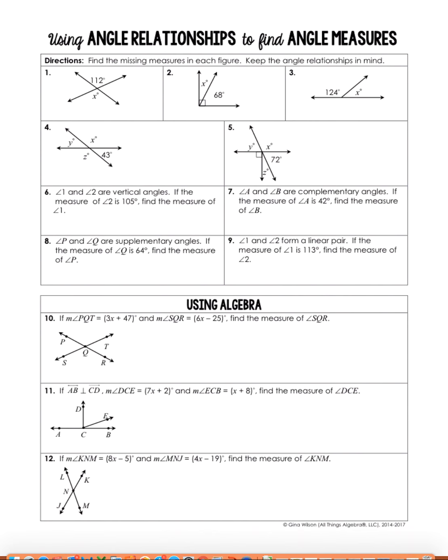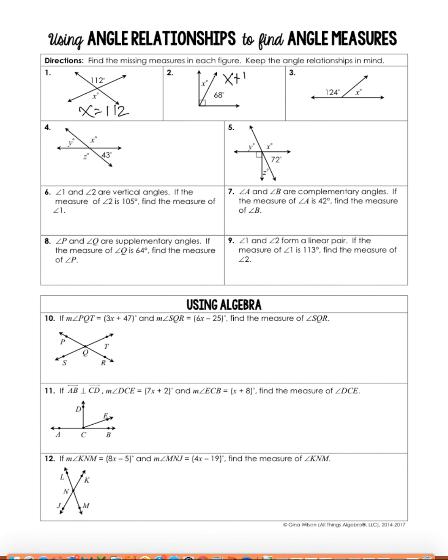So first, if I look at like number 1, the first thing I'm going to do is identify that these 2 angles are vertical angles because they're across from each other. And we just said that vertical angles are congruent, so x equals 112. Number 2, here I see a right angle, so these are complementary. That means they add up to 90.